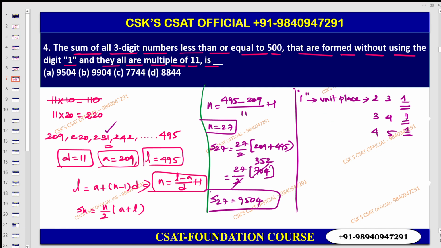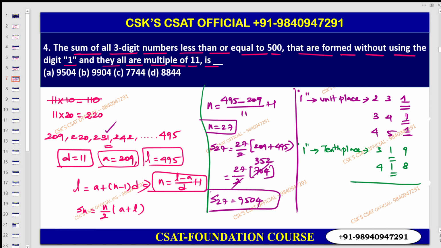Next, 1 in the tens place, because surely it is not in the hundreds place, since we are starting with 2 only. So the tens place you have to calculate here. 319 will be there, right? Next 418 will be there. So these you have to add up and subtract.